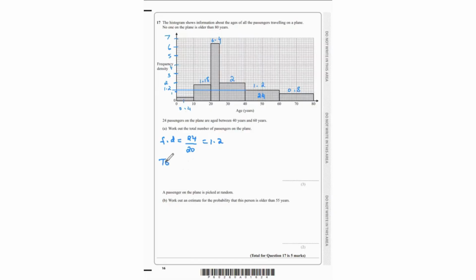So that means total passengers are going to be 0.4 times 10 for the first interval, plus 1.8 times again 10, then 6.4 times 5, 2 times 15, plus 24, which is already given, and then 0.8 times 20.